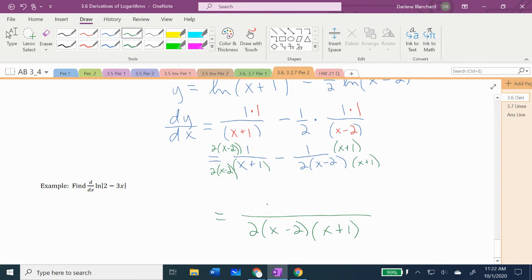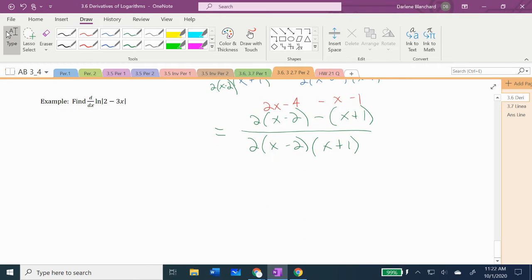And I have 2 times parentheses x minus 2 minus parentheses x plus 1. And I'm going to quickly go, that is 2x minus 4 when I use distributive property, minus x minus 1. And now I can finish this up.